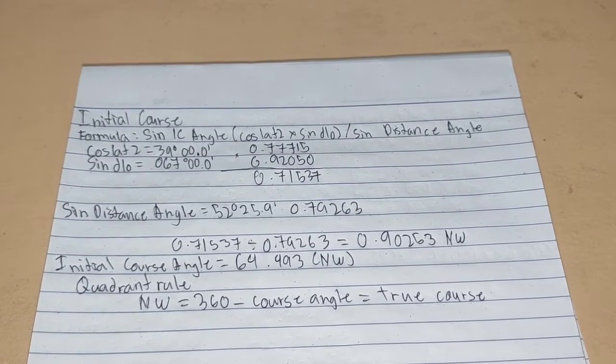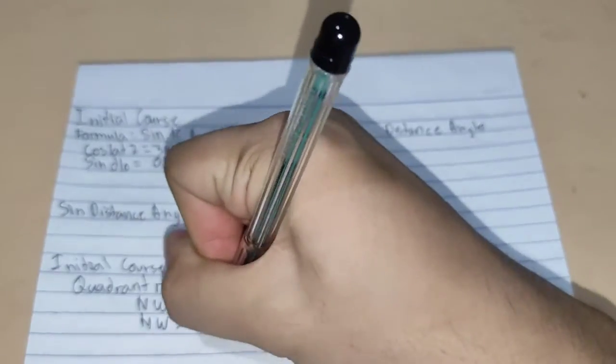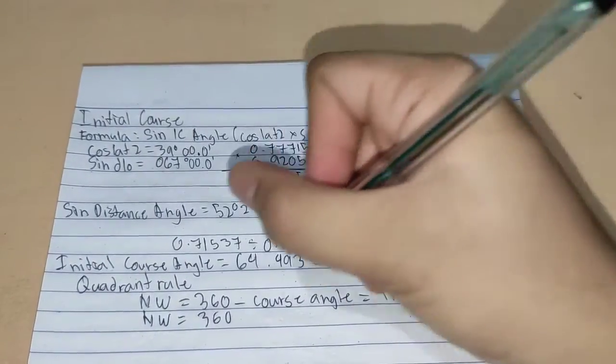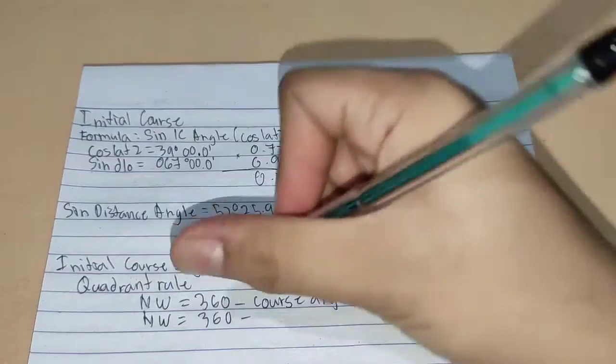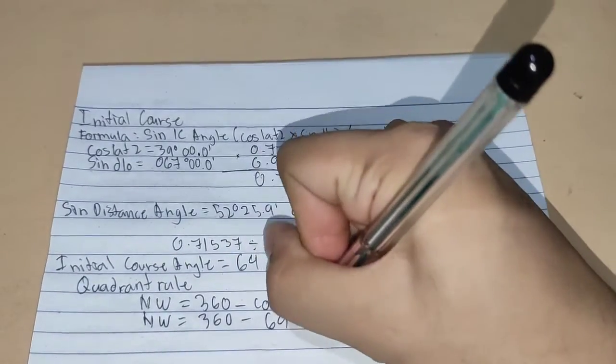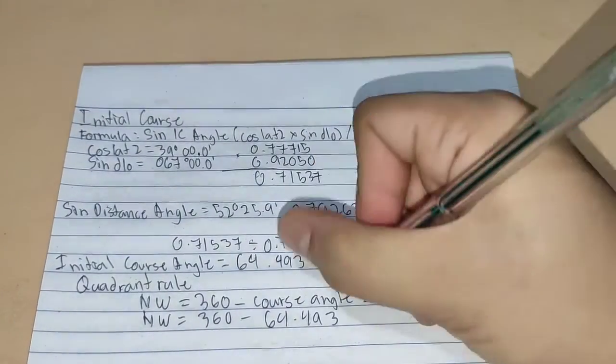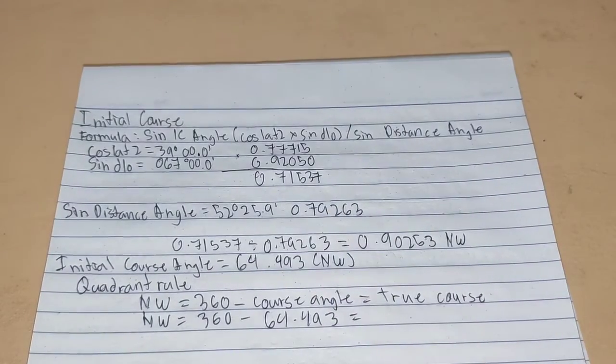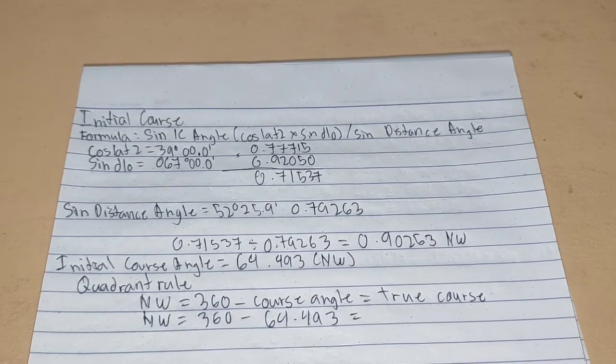So now we need to substitute it. 360 and then substitute the course angle, which is 64.493, and then we need to calculate it. 360 minus 64.493.